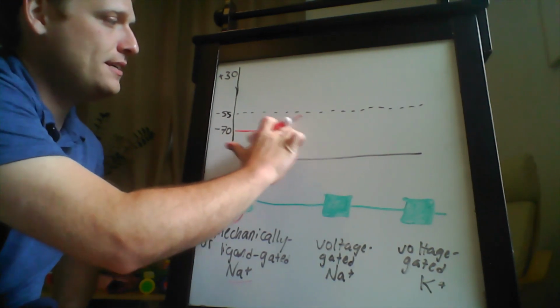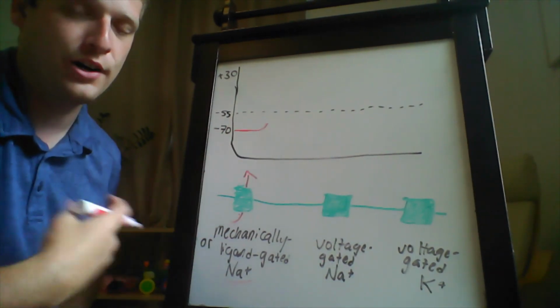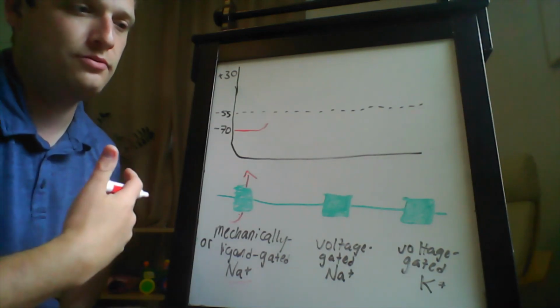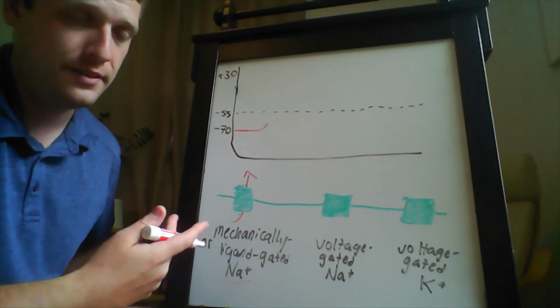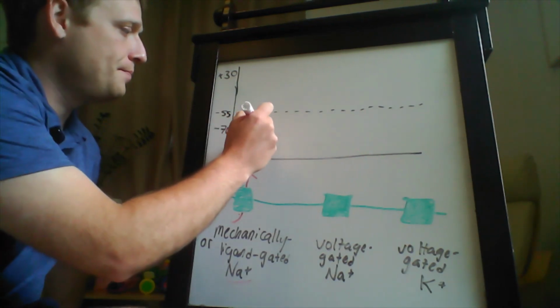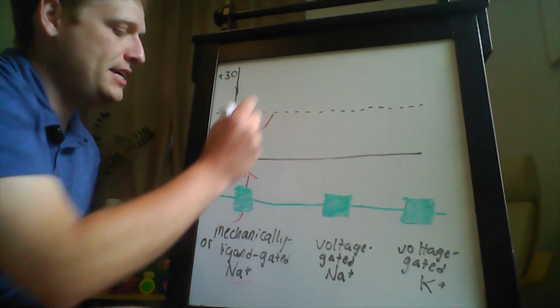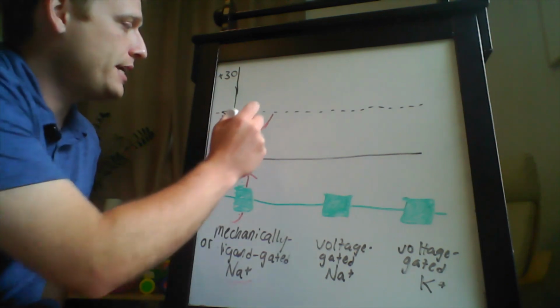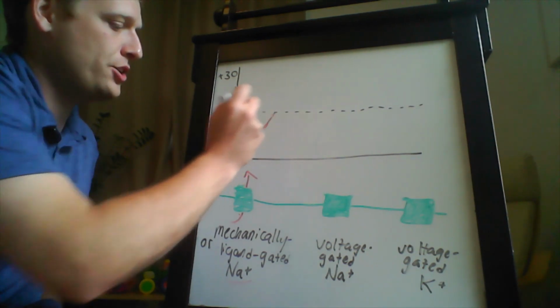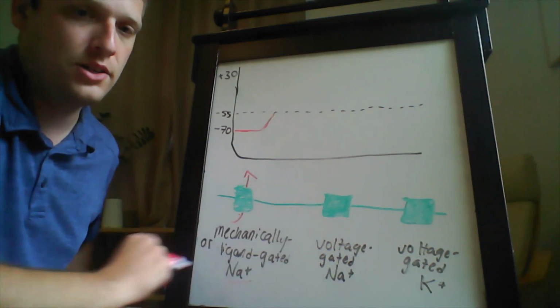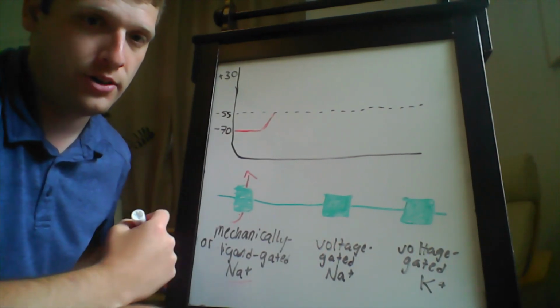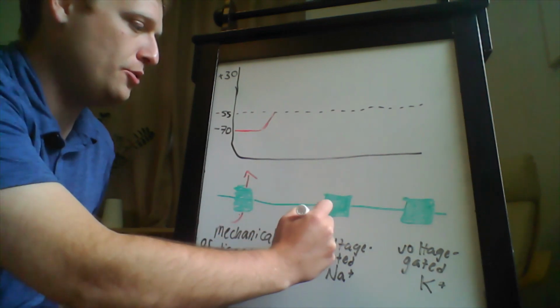Now, if there is significant enough stimulation, either a high enough strength or enough frequency of stimulation, opening enough of these sodium channels to get the voltage up to the threshold, that's when the voltage-gated sodium channels at the trigger zone of the neuron start to open.